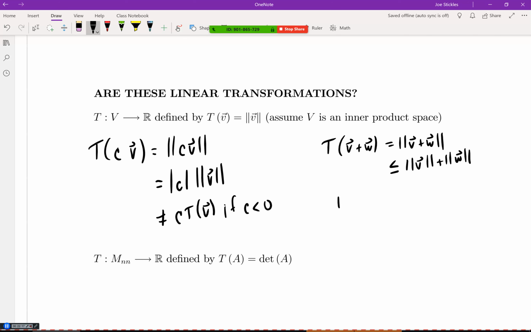So in general, when I apply the transformation to the sum, I don't get the sum of the transformations. So in this case, neither of the properties are going to hold in general. There will be cases where they do, but in general they don't.